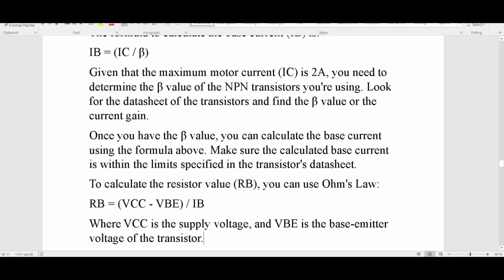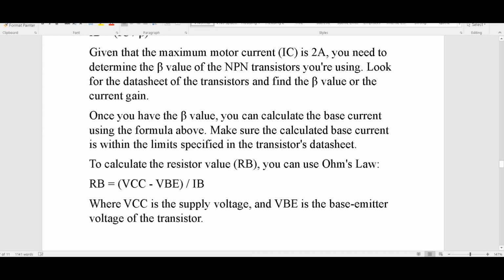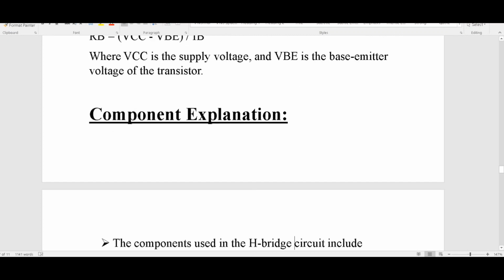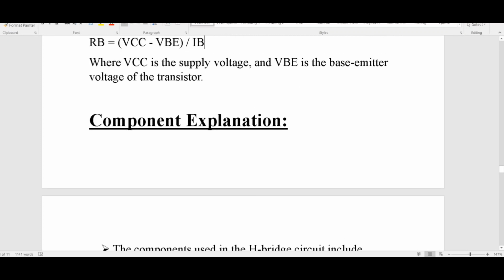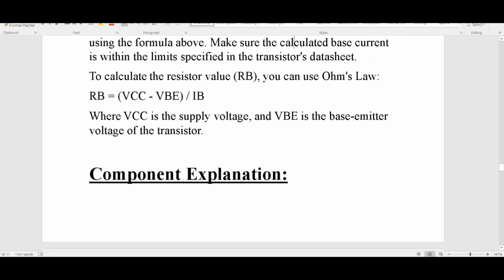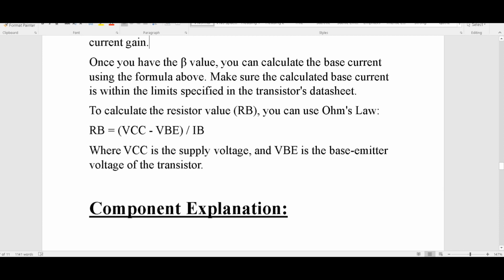This is the formula that can be used to calculate the resistor's value. RB means the resistor of the base, VCC is the supply voltage, a DC voltage, and VBE is the base-emitter voltage of the transistor, which is 0.7. By using these formulas, you can easily calculate the resistor's value or whatever you need in your circuit, specifically sticking to the H-bridge circuit.